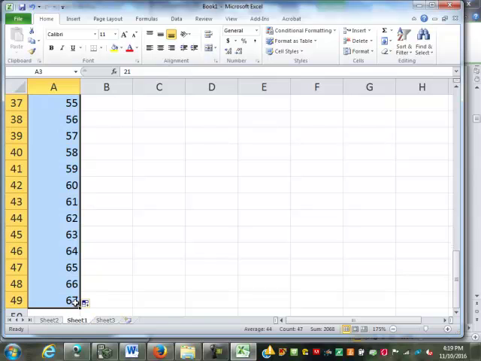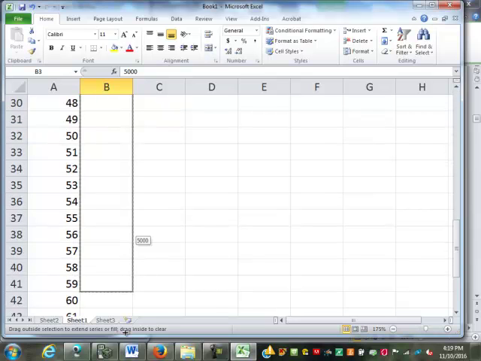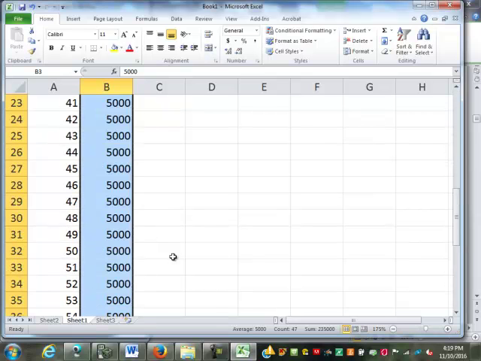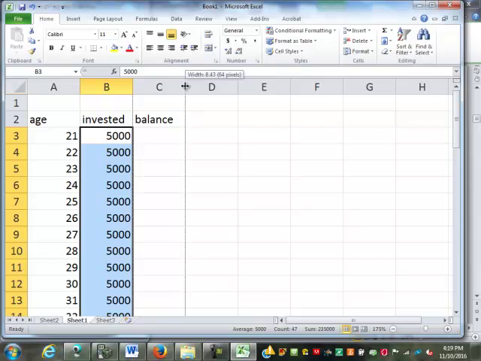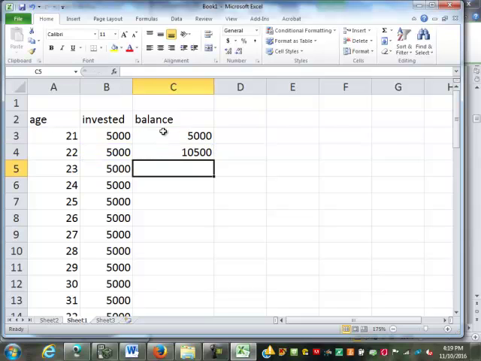67. Let's put away that $5,000 a year, still at 10% interest.